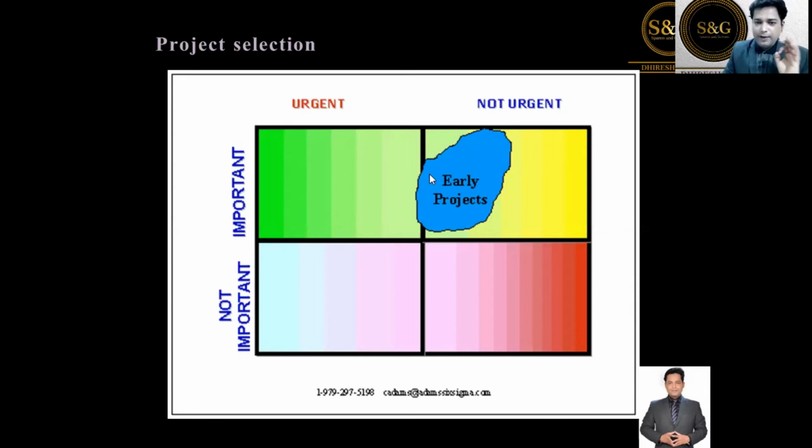You should select the project which is important to the business and the customer. So not important projects should be eliminated, and the priority should be given to important projects that are not too urgent.